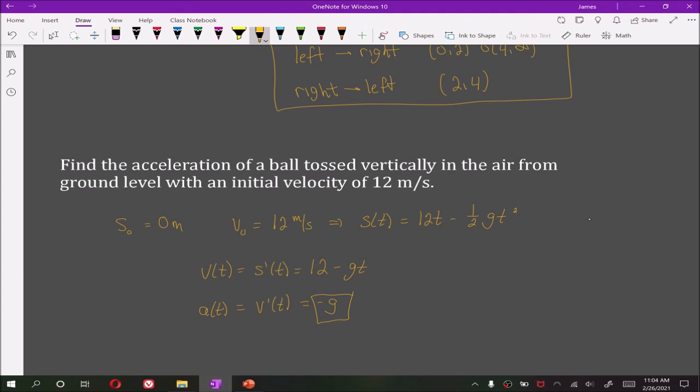So it's negative 9.8 meters per second per second. And in fact, this is true. It does not matter what the initial position is, what the initial height is. If it's in free fall, the only acceleration on the object is that due to gravity, which is a constant negative 9.8 meters per second per second.